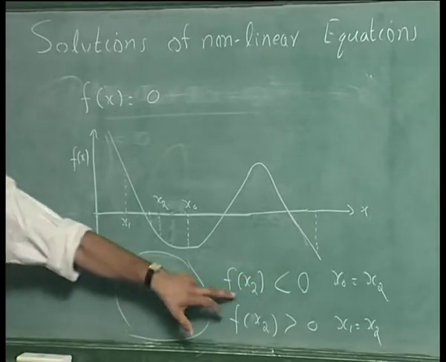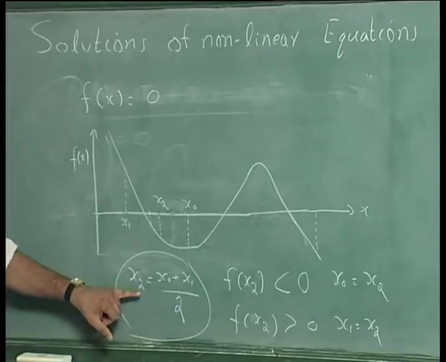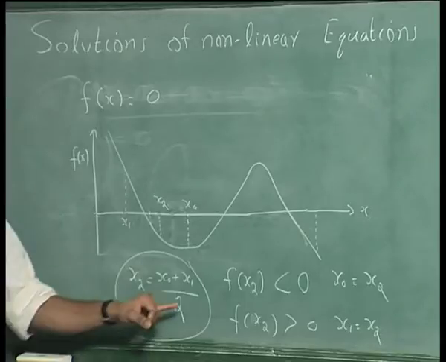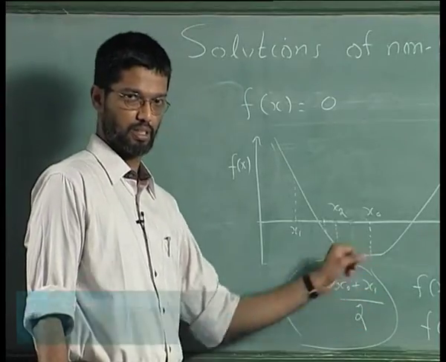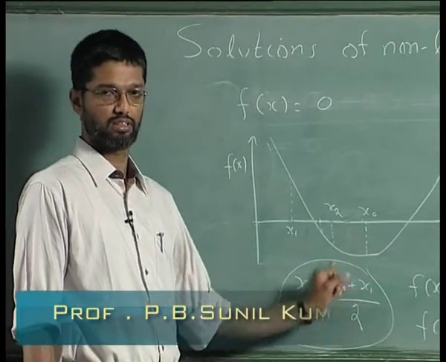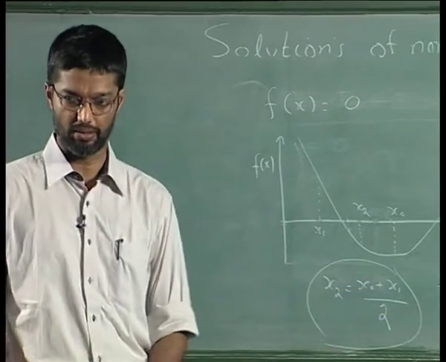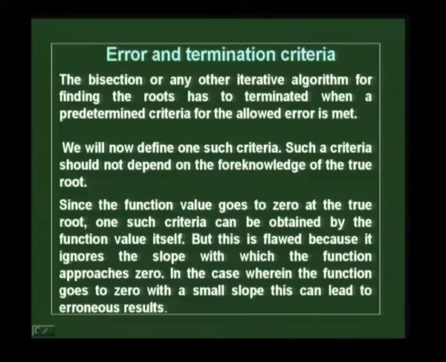The function cannot go to 0, and also because when you do this scheme, x0 plus x1 by 2, we will have some kind of round off errors coming. So beyond some iteration point, we will not be able to get any more accuracy. So we have to define a proper criterion. Of course, we cannot define a criterion that depends on the knowledge of the true root, because we don't know the true root.